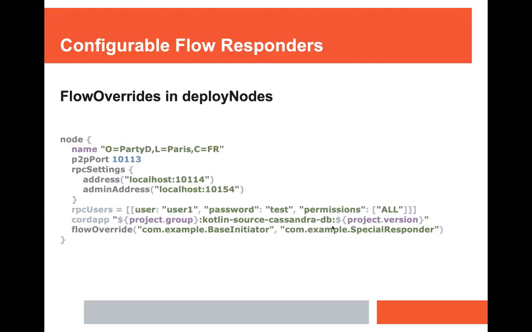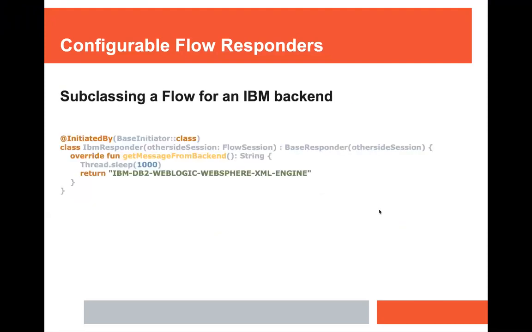Can you override the initiator too? You can override the initiator, but it's done in a slightly different way, and it hasn't changed from Corda 3. In Corda 4 and 3, if you go back to this class here, we have base initiator, as it's initiated by.